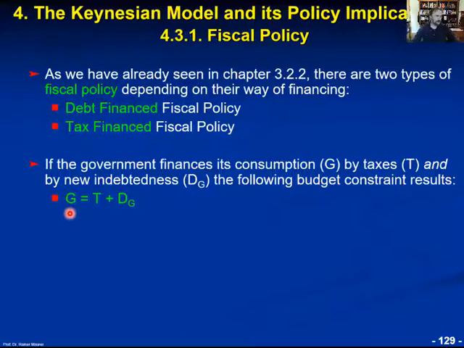The level of government expenditure, G, is financed with the help of taxes the government receives from households, and if this is not enough, if tax income of the government is smaller than government expenditure for consumption purposes, then the government runs into debt and borrows money on the credit market equal to the amount represented by D_G.